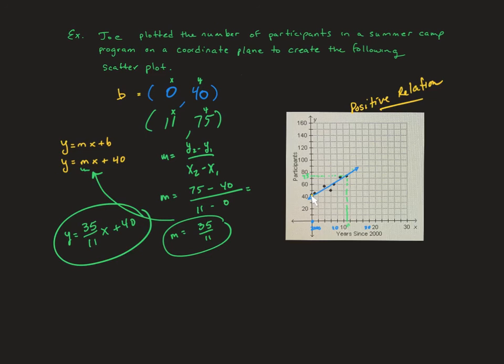If they gave me an answer that said my y-intercept was 120, that's nowhere near my data. That's definitely not right. Or if they said it was 10, 10's not right either, because that's nowhere near my data. So just being able to look at a line of best fit, putting the line in there and looking at my data, gives you a lot of the information you need to know.